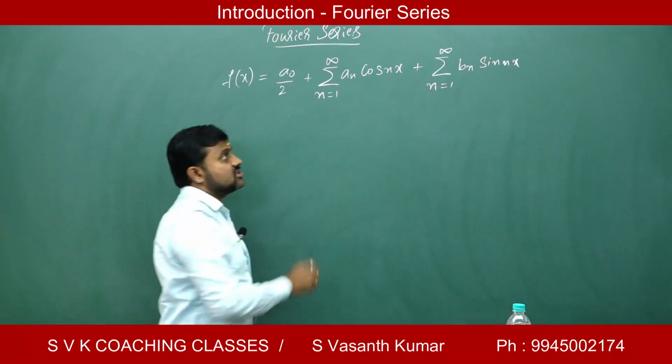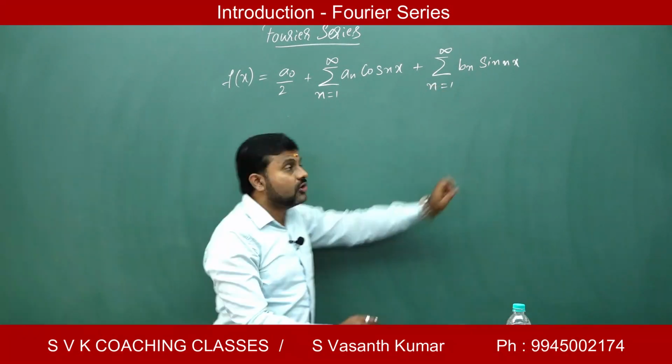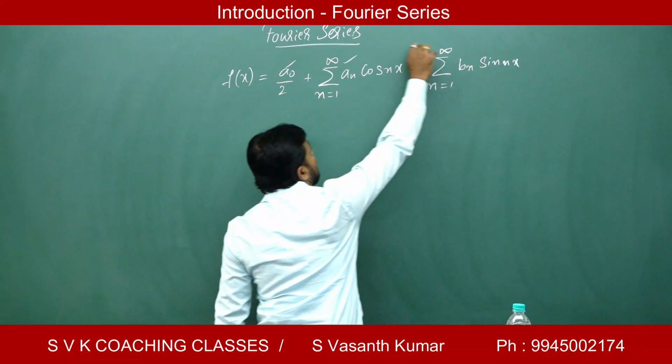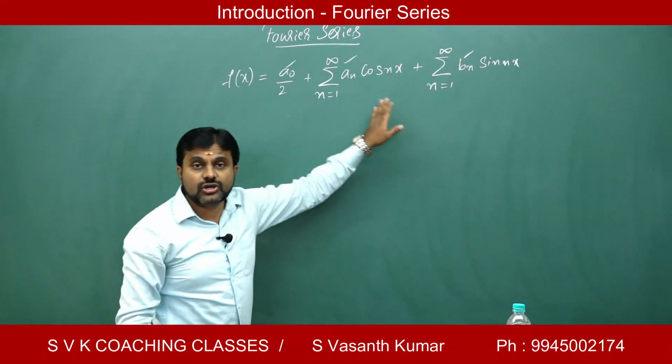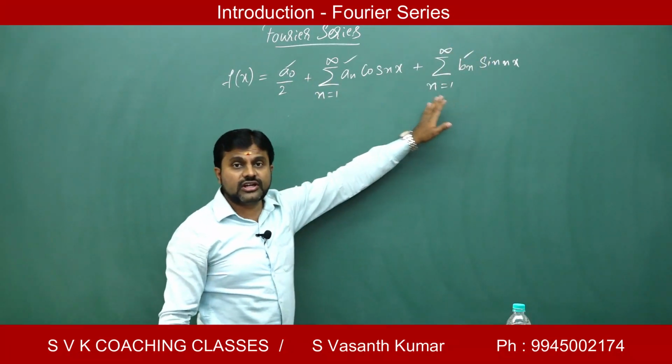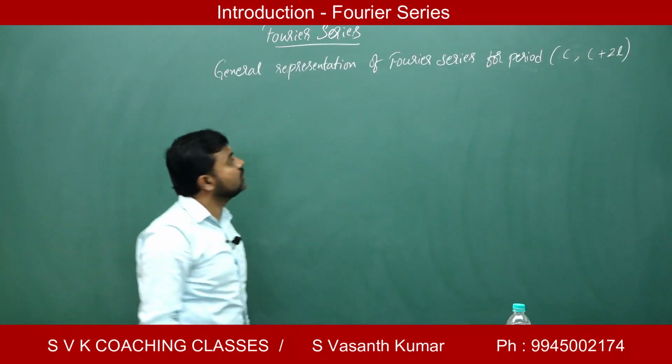This is the representation of Fourier series, where a0, an, bn represent the Fourier coefficients, that is, what we are going to find out.